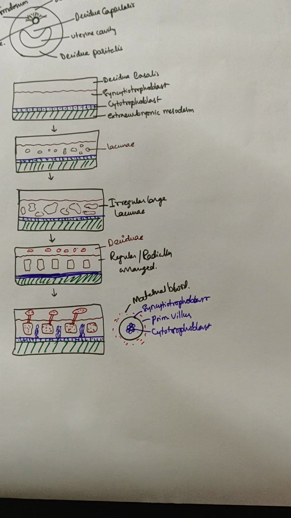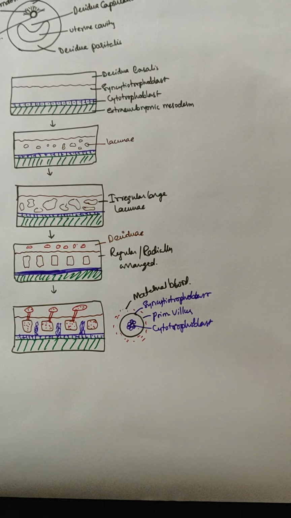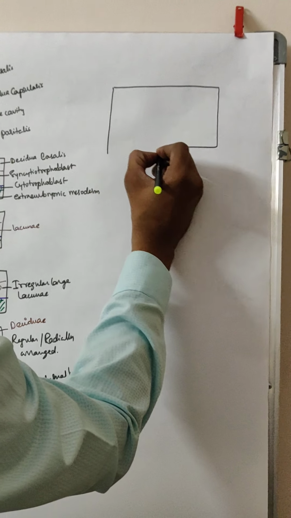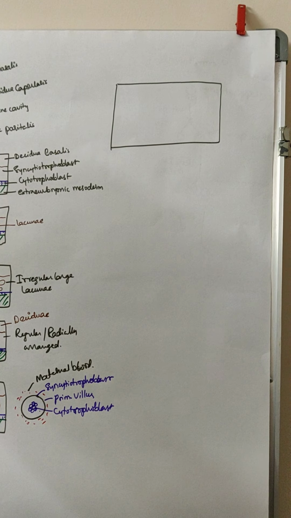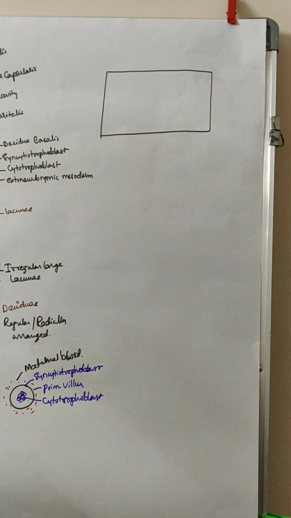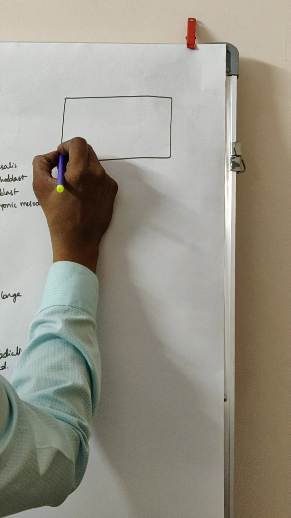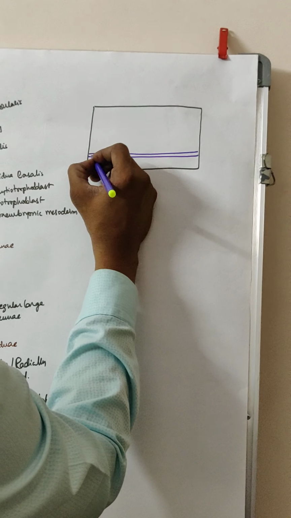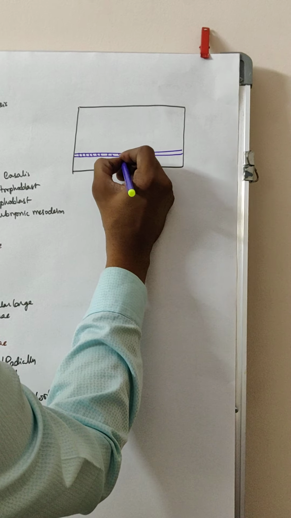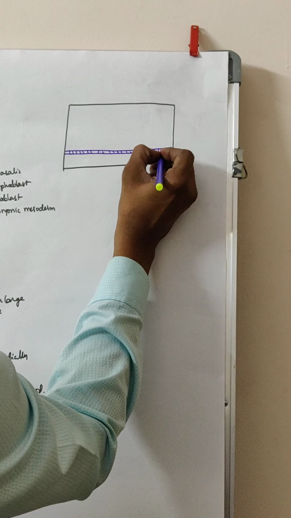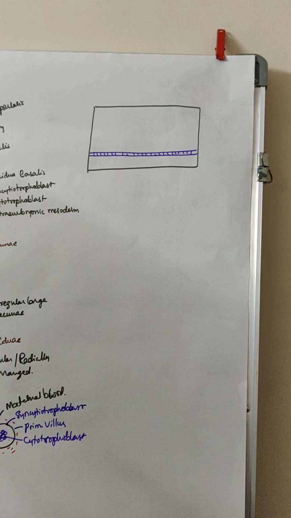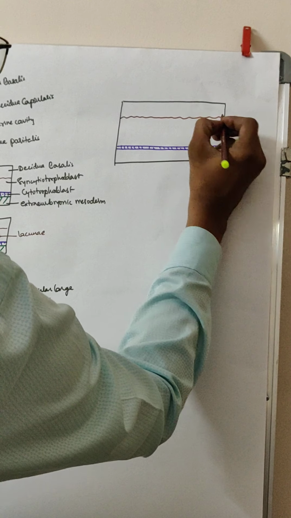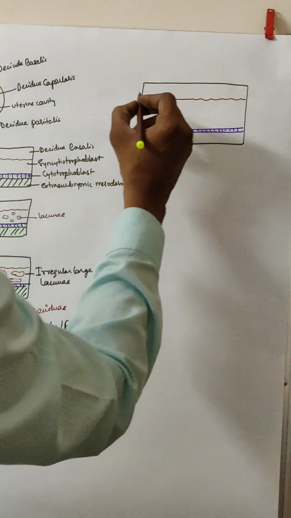Fine. Now after this, finally, another structure is formed. I'll draw it here. In this next development, you can see the cytotrophoblast layer here, and also you will see the syncytial trophoblast here, okay, with now large lacunae.